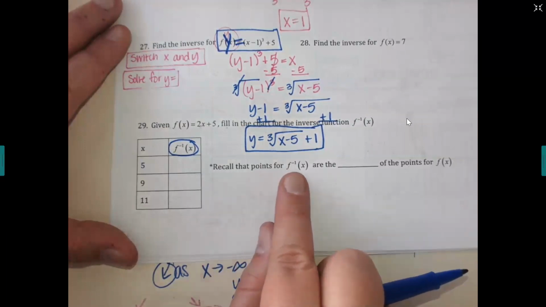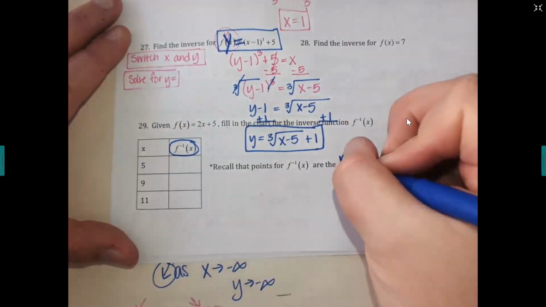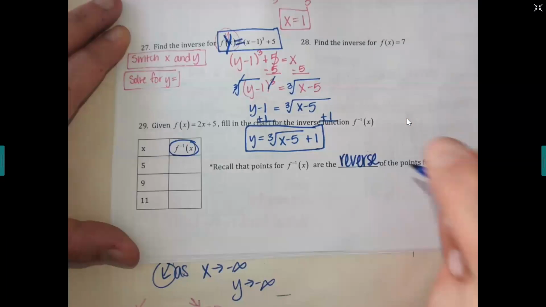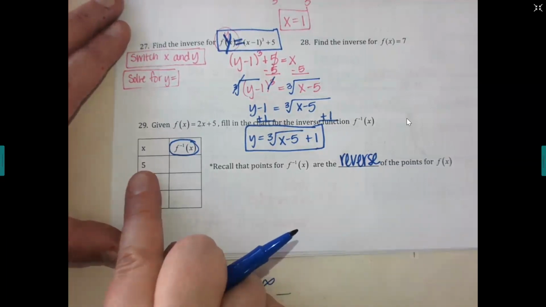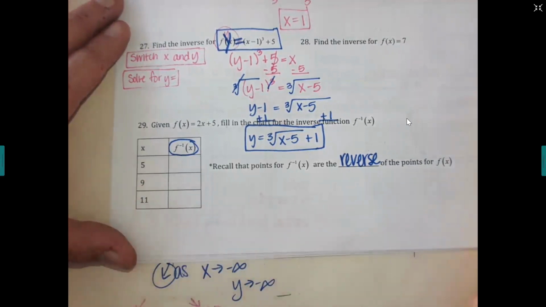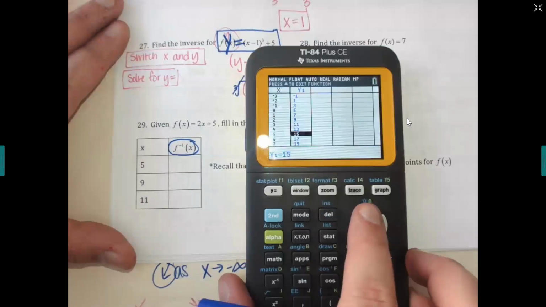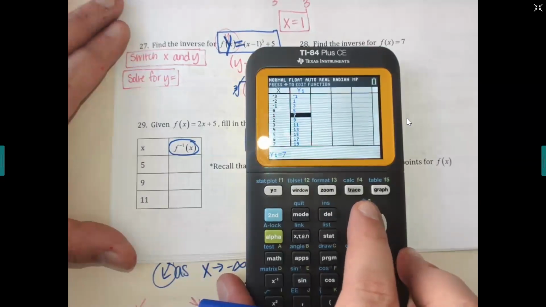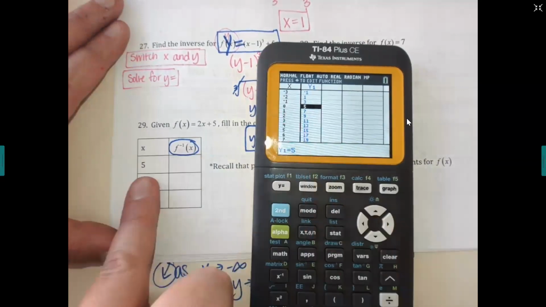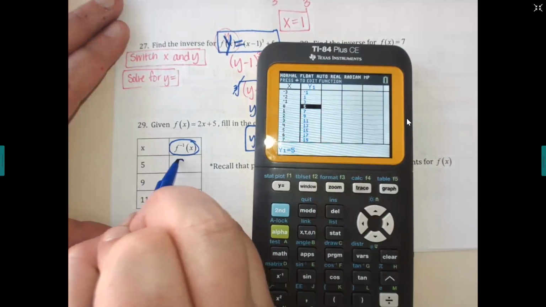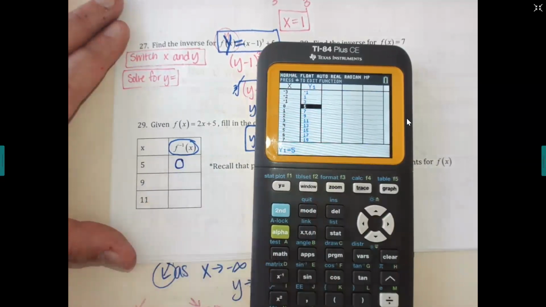Recall that the points for f inverse are the reverse of the points for f of x. So in my calculator, I have f of x. Then if I want 5 as an x, where do I need to find it in the chart? As a y, very good. So can you tell me for which point my y is a 5? 0. And so if it's 0, 5 for f, what would it be for f inverse? 5, 0.